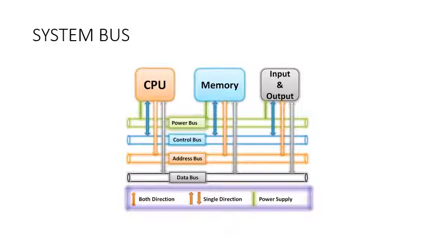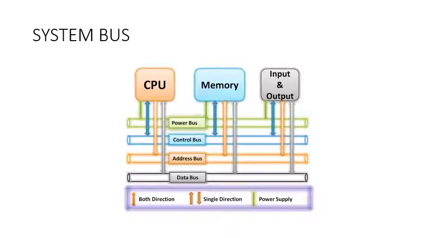The next bus is the data bus. It is used to transfer data between the microprocessor and memory. So it is a bidirectional bus. It transfers data between the microprocessor and memory and vice versa. So it is a bidirectional bus. And the next bus is the control bus.